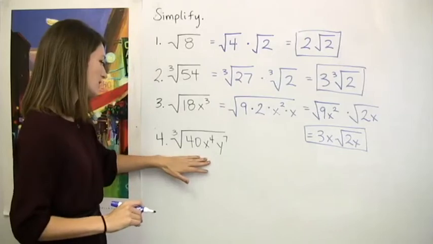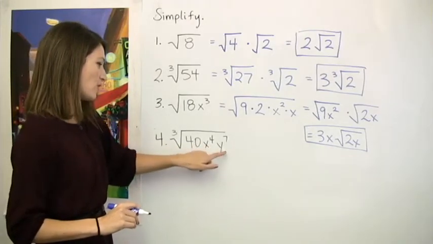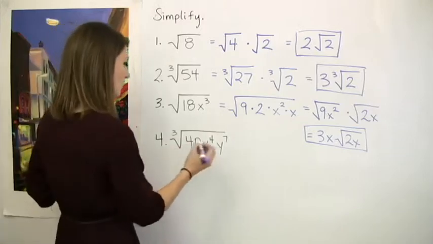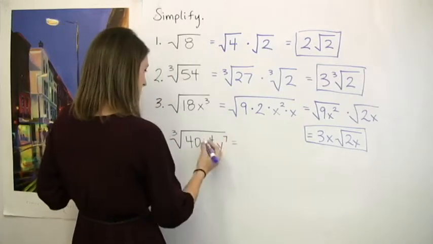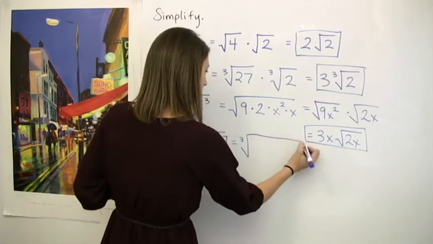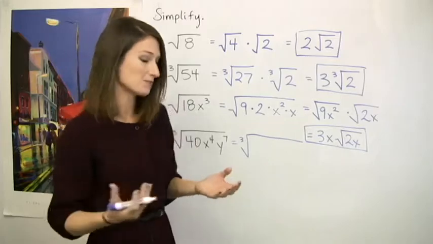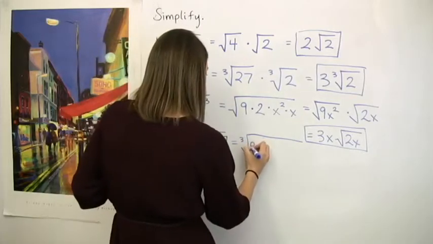So our last problem here, we have the cube root of 40x to the fourth and y to the seventh. So I'll rewrite this as the cube root, and let's figure out some factors here. 40 is the same as writing 8 times 5. So we'll write that in here.